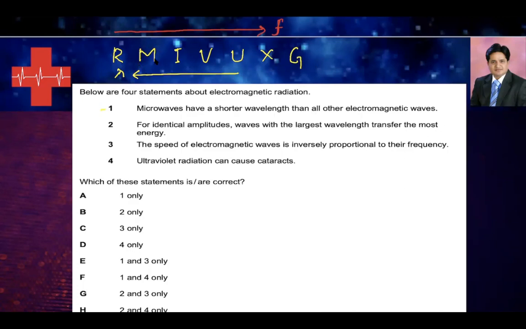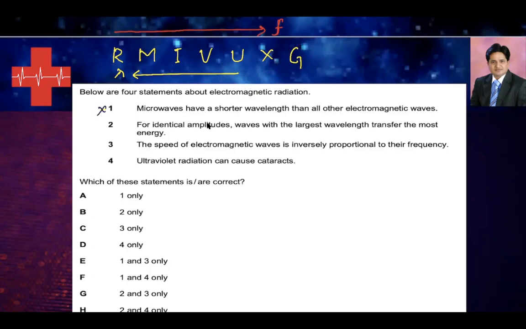Microwaves' wavelength is greater than infrared, greater than visible, greater than ultraviolet, greater than X-rays, and greater than gamma rays. In fact, the gamma rays have the shortest wavelength among all the electromagnetic waves. So our first statement is wrong. So this is incorrect.